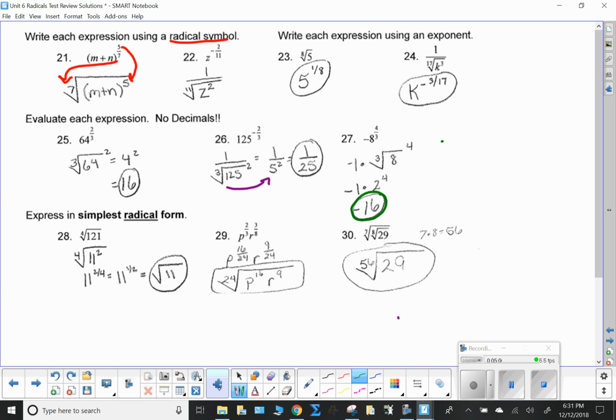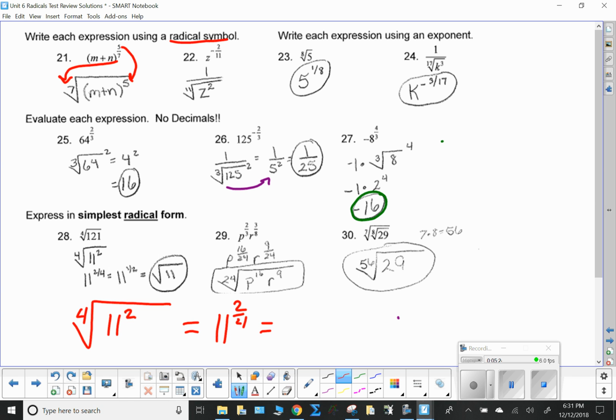Okay, simplest radical form. The fourth root of 121. I don't know what the fourth root of 121 is, but I do know that I can rewrite 121 as 11 squared. And you're like, well, that doesn't help. But then if I write 11 to the 2/4 power, I change it to an exponent.